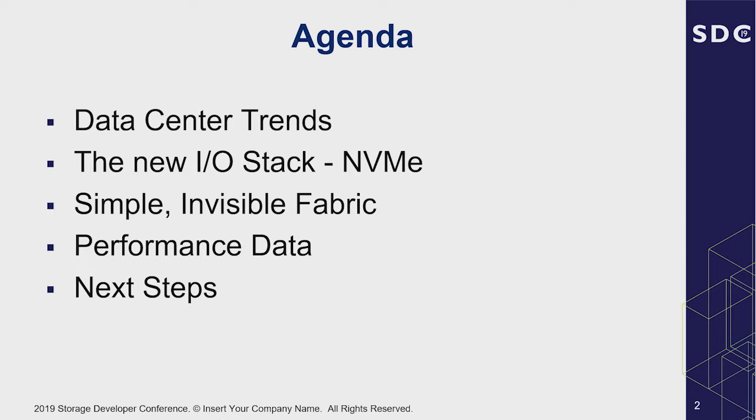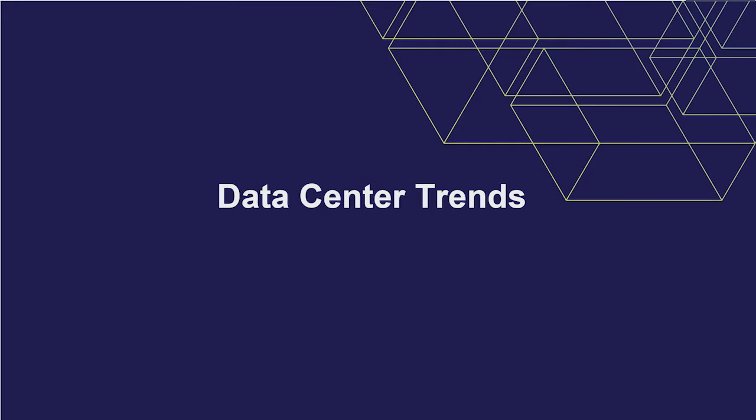The idea is that in this next generation data center, the network is going to become very key because of the way we think it's going. Then we'll share some performance data that my team has collected, and some thoughts on next steps. All of these things are my input, not Hewlett-Packard input, so keep that in mind.